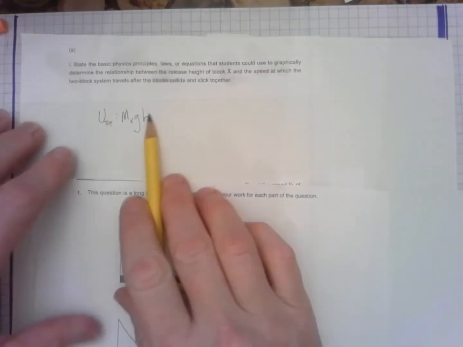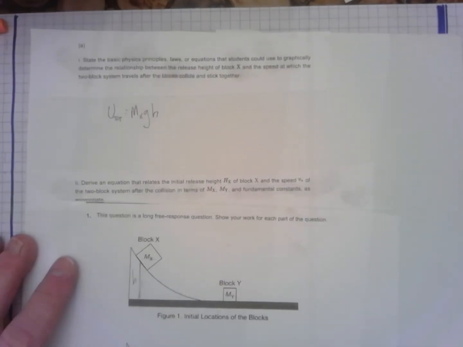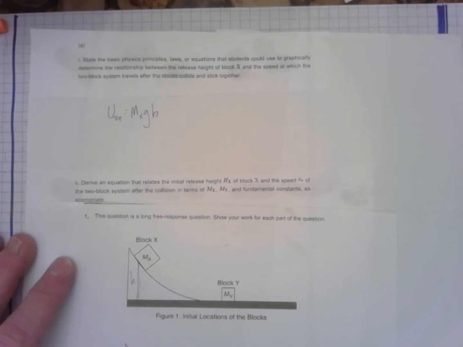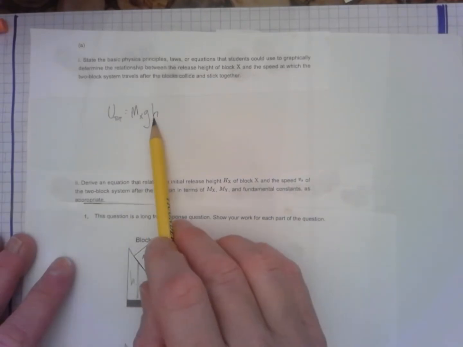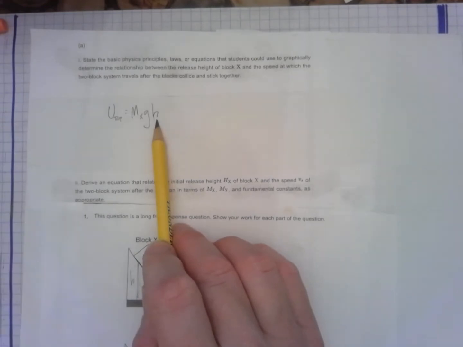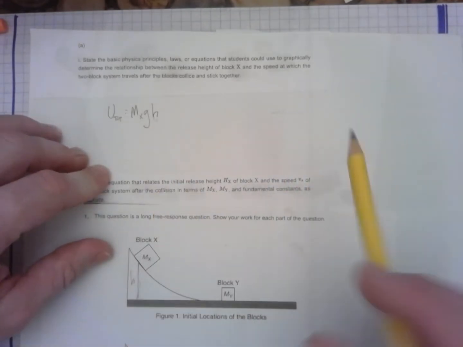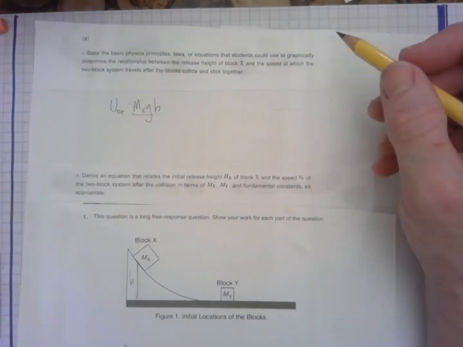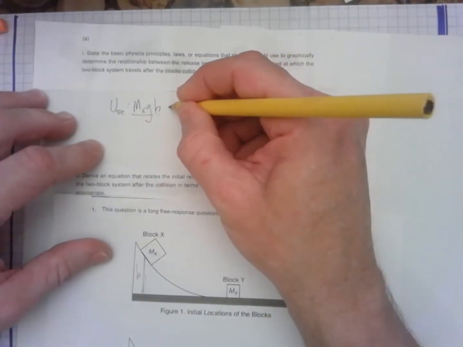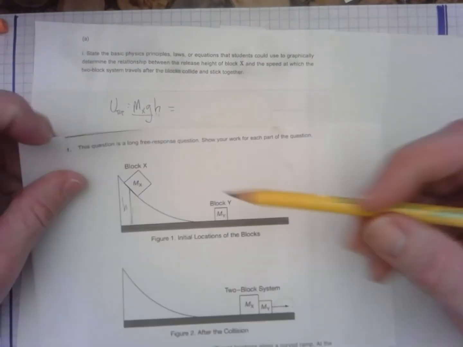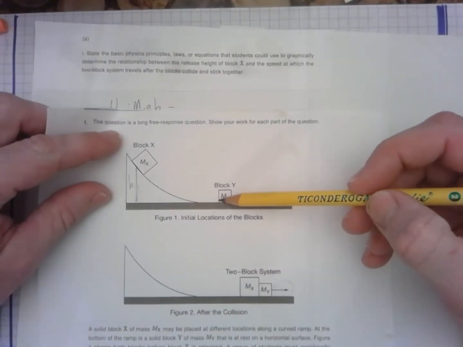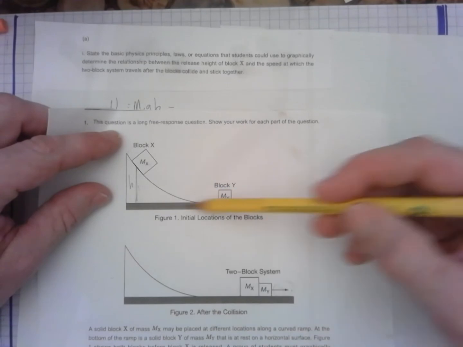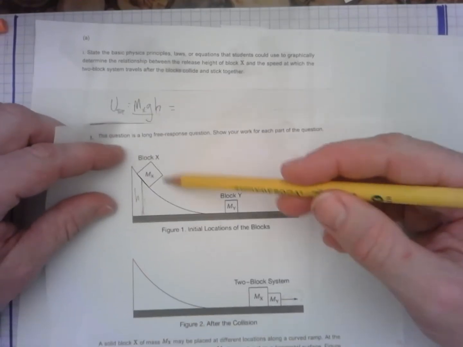And h is important because I think this is going to be like our x, the release height, and the final velocity after they collide is going to be like our y. But for now, I know this is important. And I also know that that will equal the kinetic energy of block X just before it collides here, because there's no friction, so all of this potential energy is going to turn into kinetic.